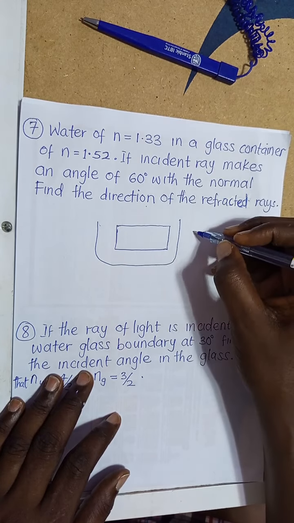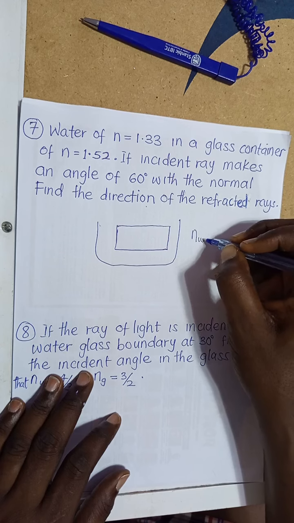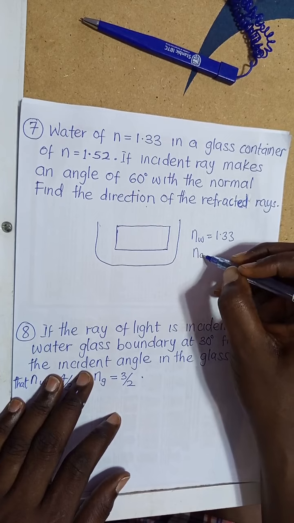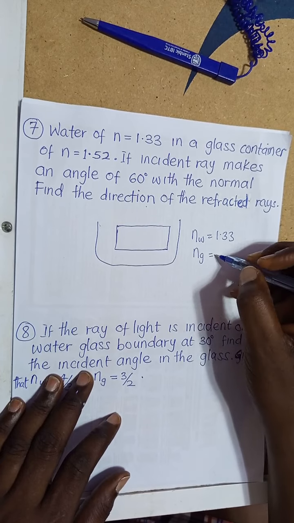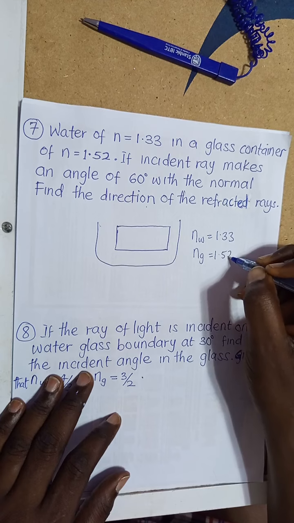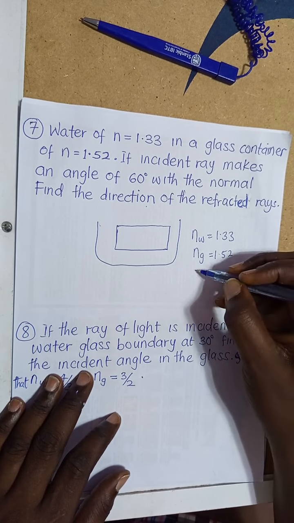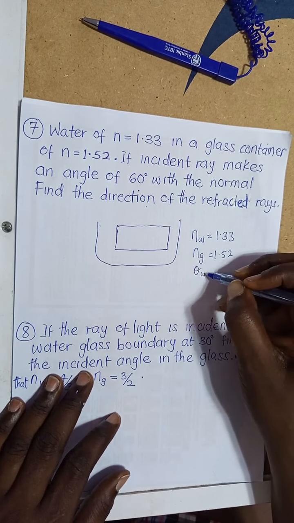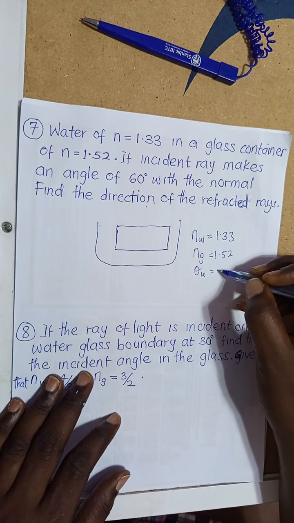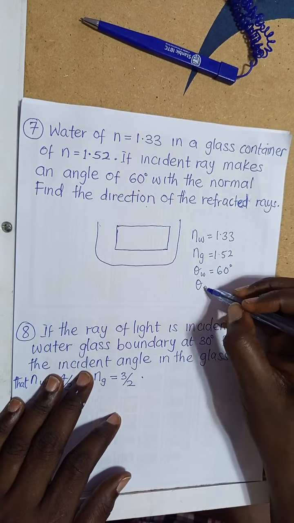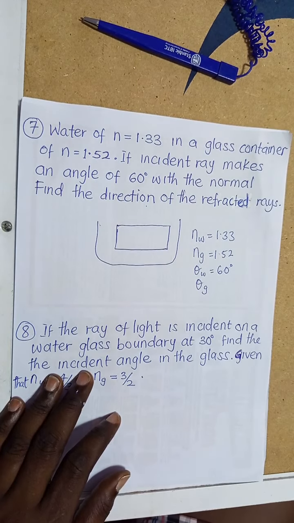What we notice is that n of water is 1.33 and n of glass is 1.52. So that means theta in water is 60 degrees, and we are looking for theta in glass. That's what we are looking for.